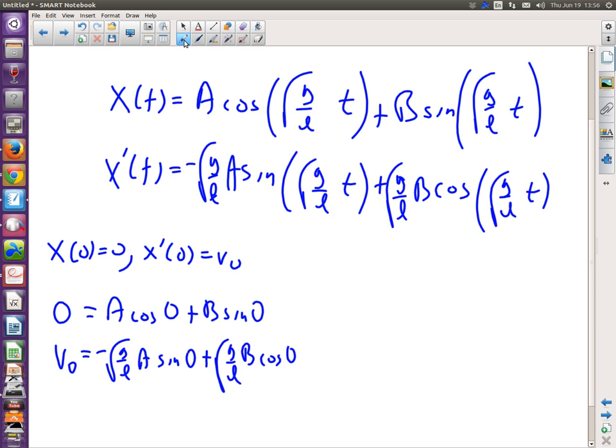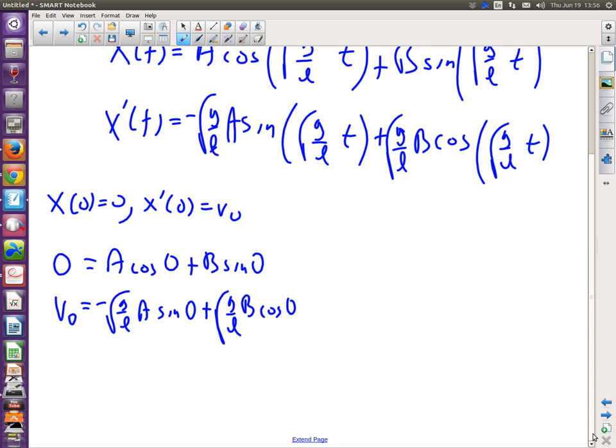Alright, so what's your particular solution? x of t is a cosine root g over L t, but a is 0, so it drops out, plus b sine root g over L t, but b is this crazy constant.